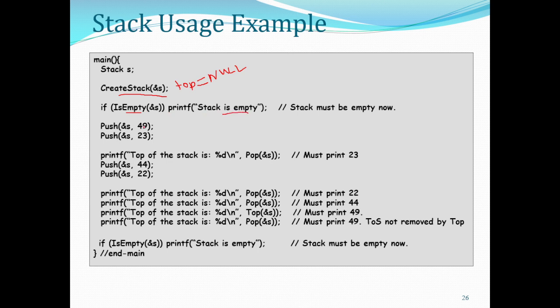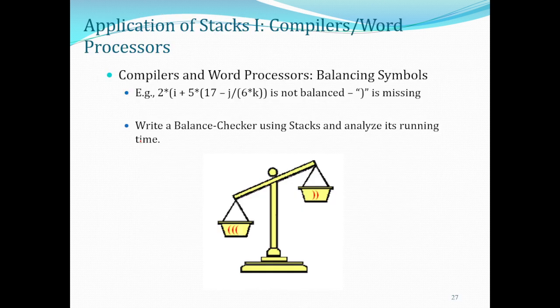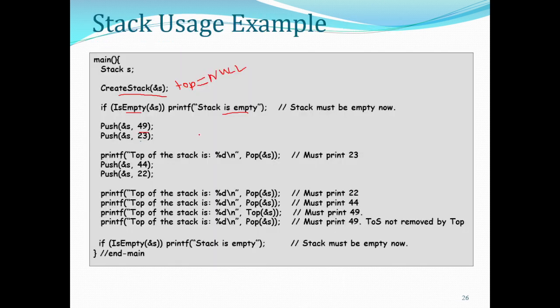When we push two data items, 49 and 23, 23 will be written later than 49.